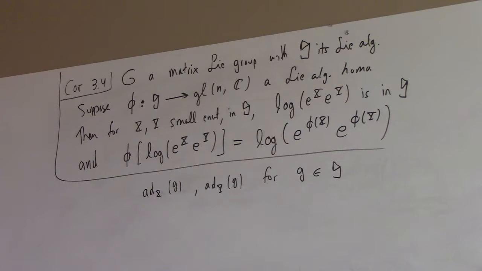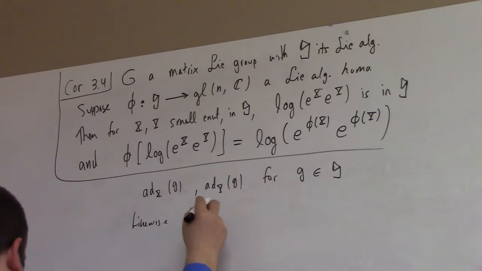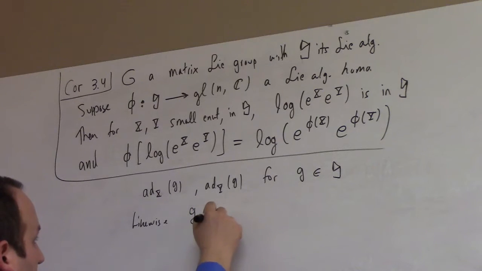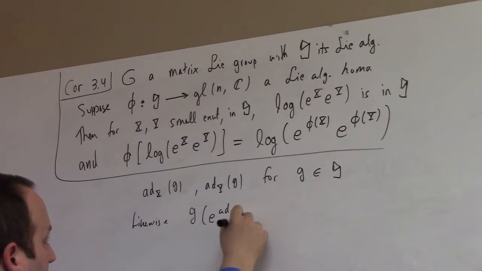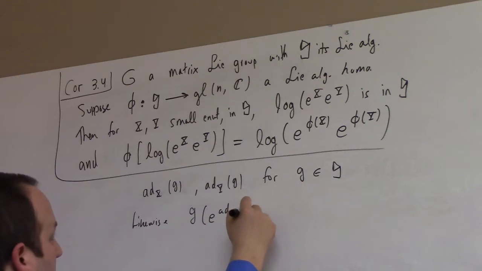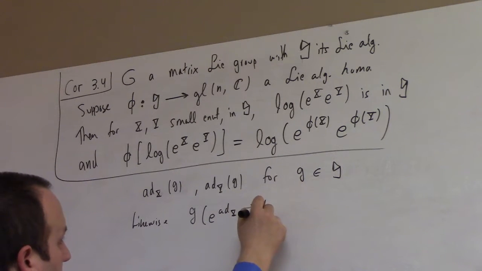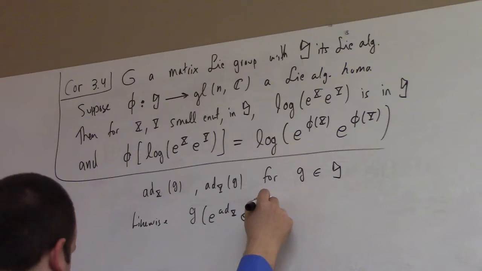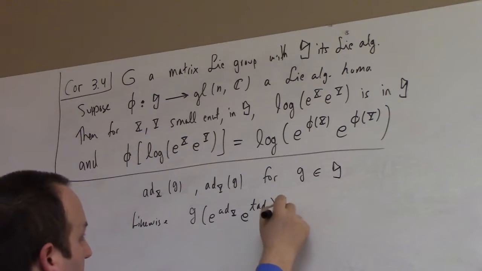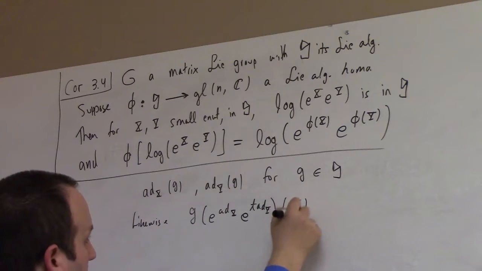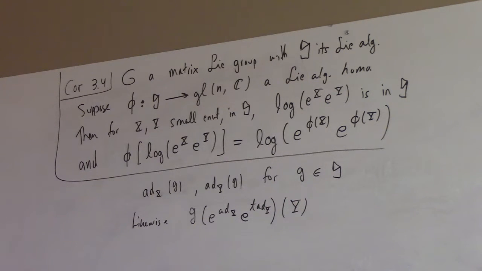And then likewise, so will the function of the exponential of the little adjoint of X and e to the t adjoint of Y. Right, this acting on Y will again be in fraktur g, I think.